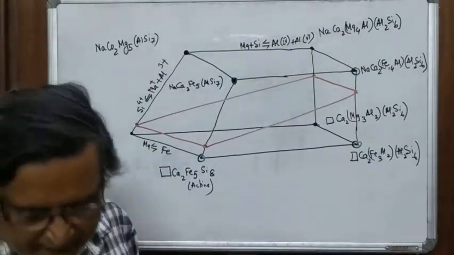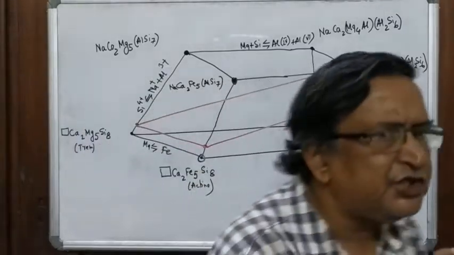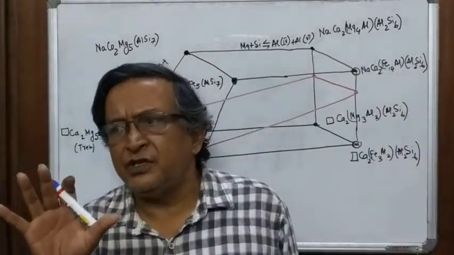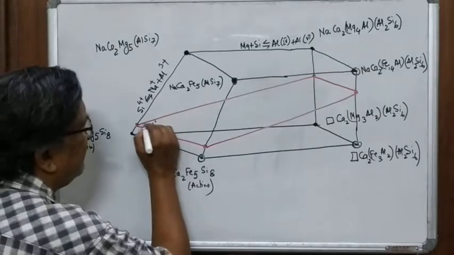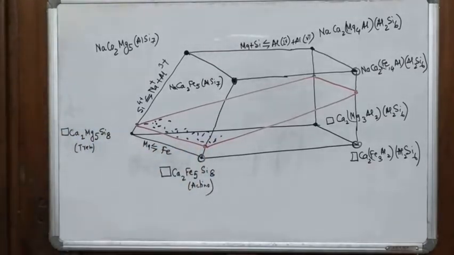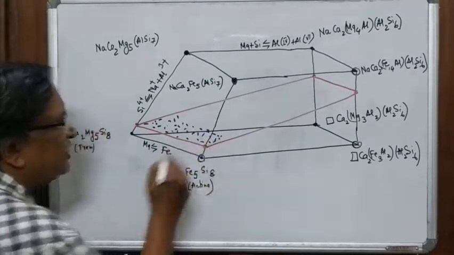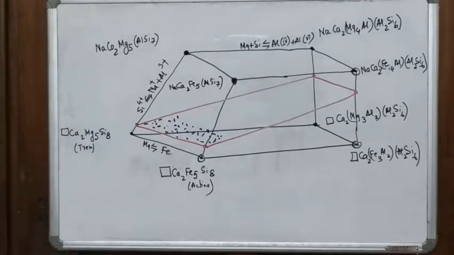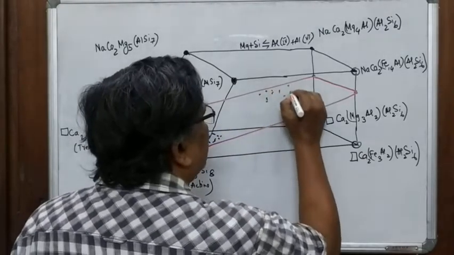But there are slight differences. Say, for example, if you plot the low-grade greenschist facies amphiboles, clinoamphiboles, greenschist facies clinoamphiboles, they would plot somewhere here. Do you understand? If you take the greenschist facies amphiboles, they will plot somewhere here. But if you plot the granulite facies or the amphibolite facies amphibole, they will plot somewhere here.